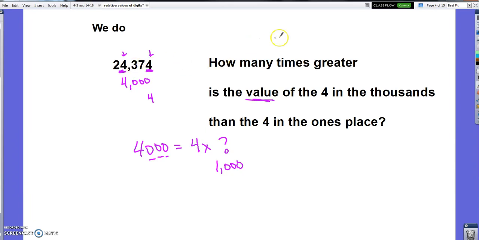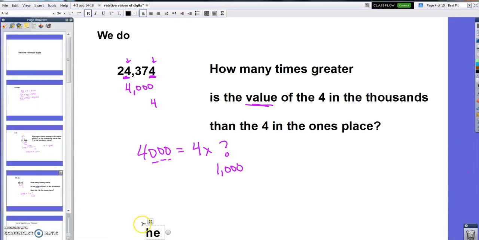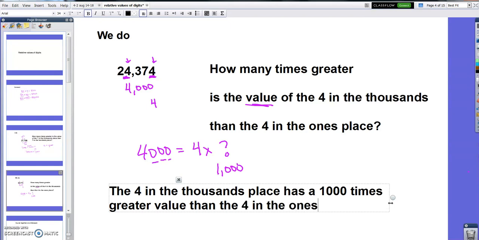So if you were to write the answer out the long way: the 4 in the thousands place has a 1,000 times greater value than the 4 in the ones place.